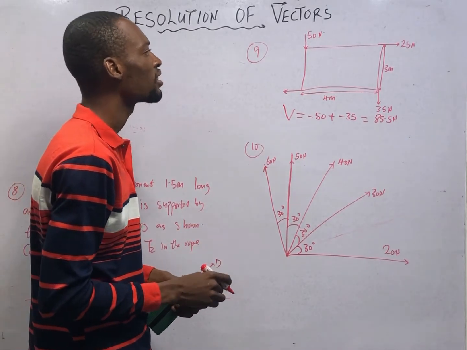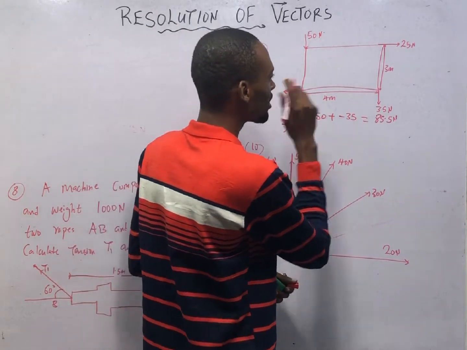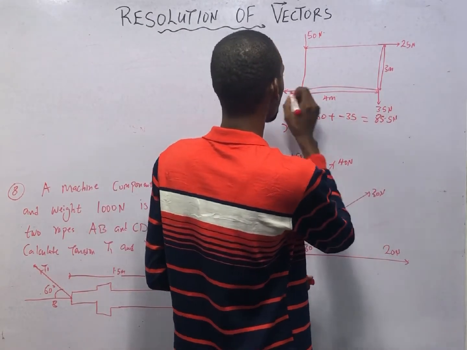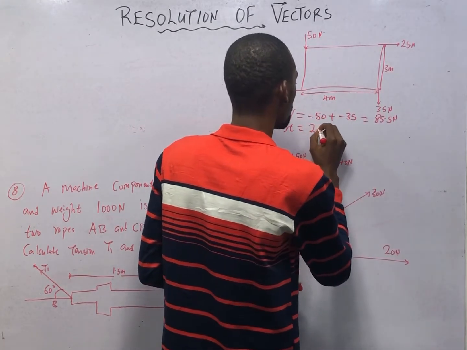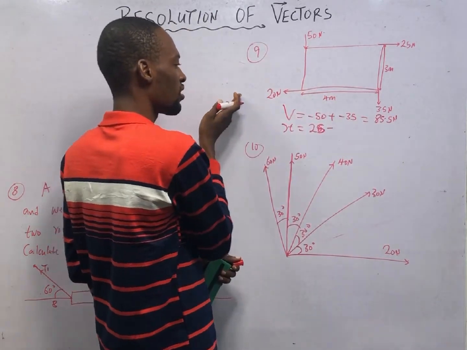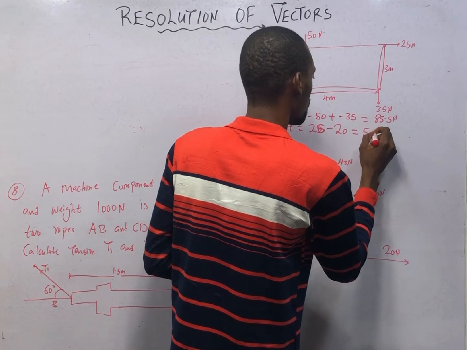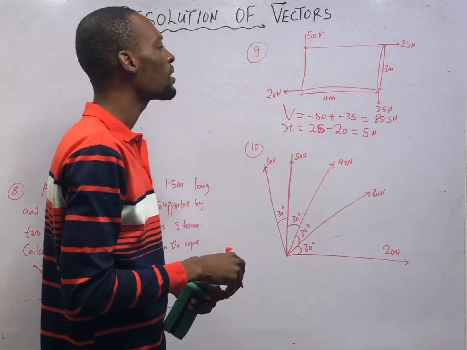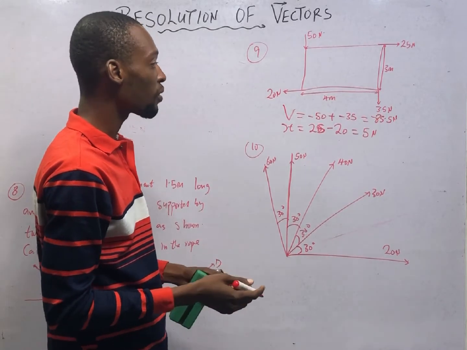Then looking at the horizontal component, this is going here. This is 20 Newton. So 25 minus, this is going here, minus 20. This will give you 5 Newton. So the vertical component of this force is minus 85.5 Newton, if I am correct.